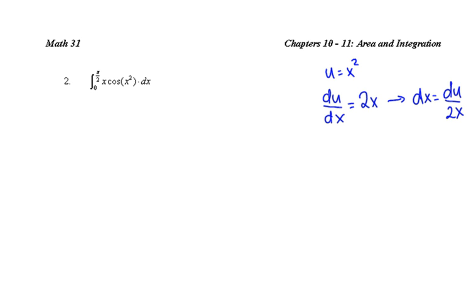Okay, so now that we did all the pre-work, we are ready to do the subbing in. So this is x equals 0 to x equals pi over 2. Now we sub. So what can we sub in this place? U. So x cos of u times du over 2x.